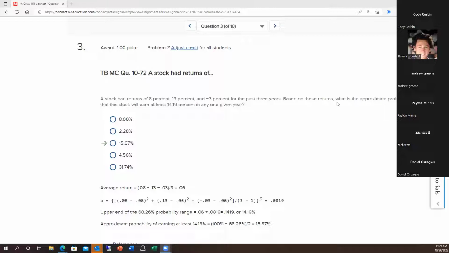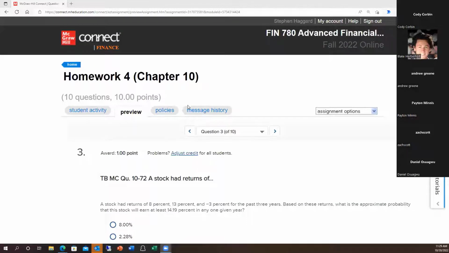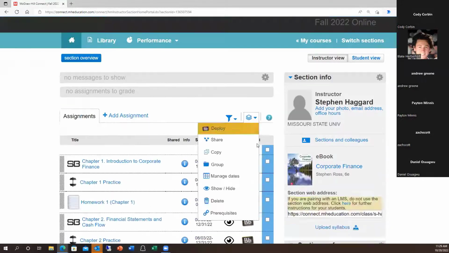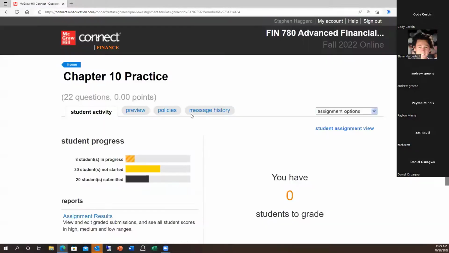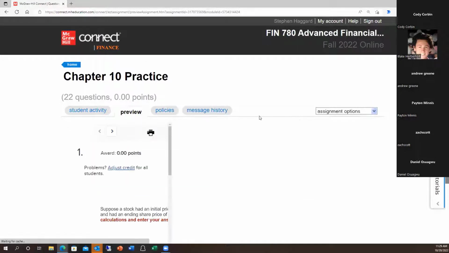Based on these returns, what is the approximate probability that the stock will earn at least 14.19% in any one given year? My bad. I was meaning the practice chapter 10, practice number 3.